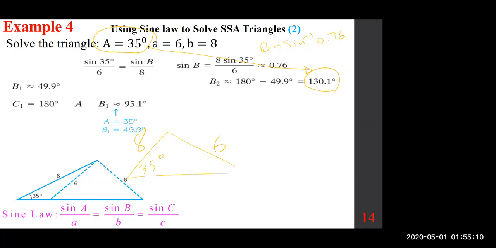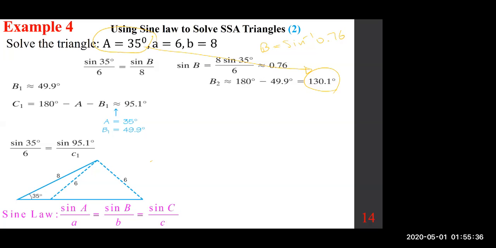So we have all the angles, class. One angle was 35 degrees, one is 49.9. We finish the job by finding the third one. So I don't need that anymore.